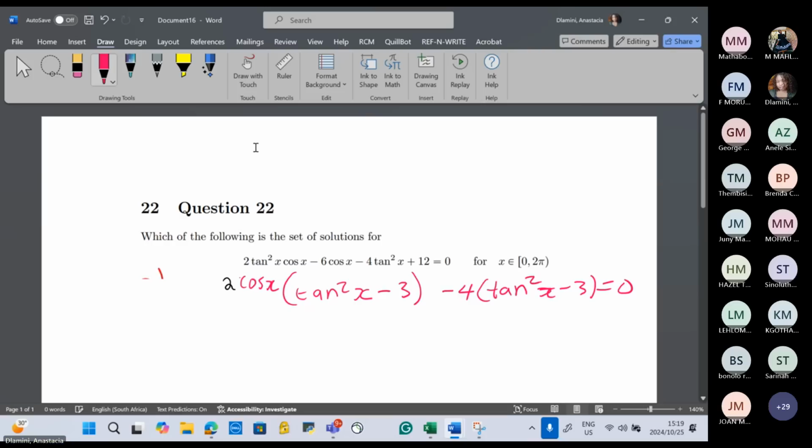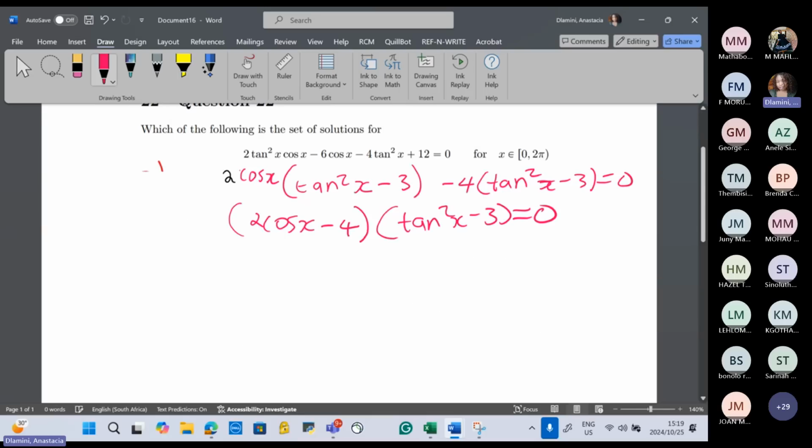Then the next step, you just open bracket is 2 cos x minus 3, 2 cos x minus 4, you close bracket, you open bracket, tan squared x minus 3 is equals to 0. Then after that, the 2 cos x minus 4 is equals to 0, and tan squared x minus 3 is equals to 0.